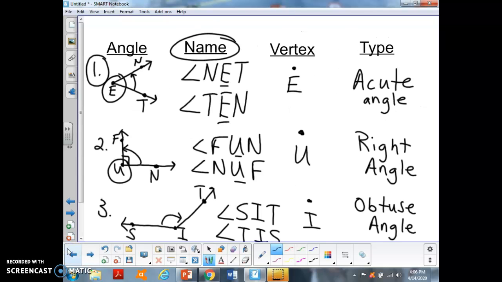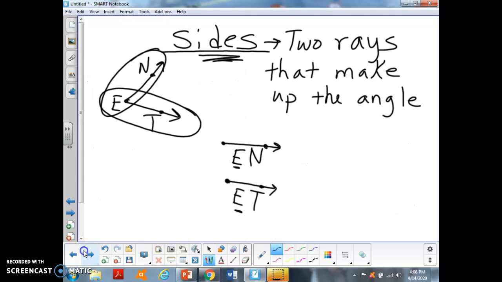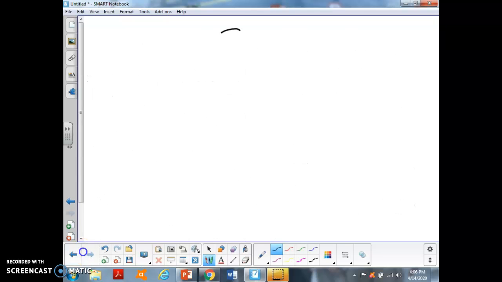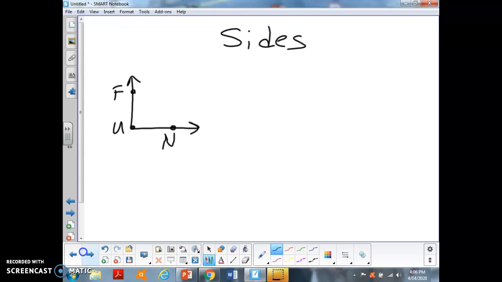Backing up. Remember the fun angle, F-U-N? Okay, so if I want the sides of that one, F-U-N. Math is always fun. Our sides have to have two rays, so I'm going to use the ray symbol. Okay, now I got to find it.